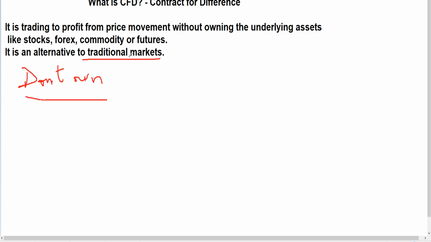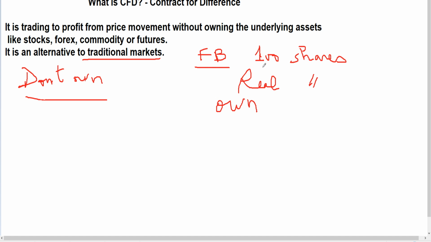Now, in traditional markets, for example, let's say you want to buy a stock, let's say Facebook, just an example. You go to the regular broker, you find stocks, you buy Facebook, let's say you buy 100 shares. In a traditional market, when you buy Facebook, you buy real shares. It means you own these 100 shares.